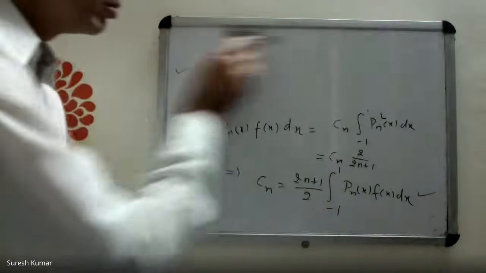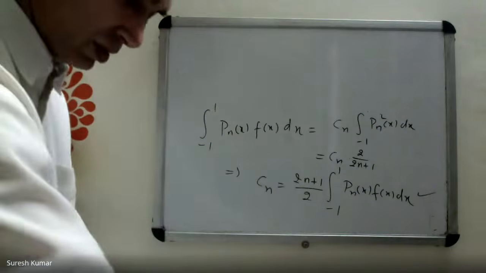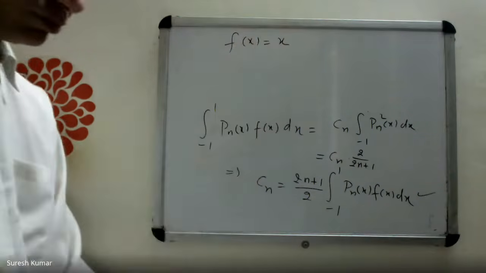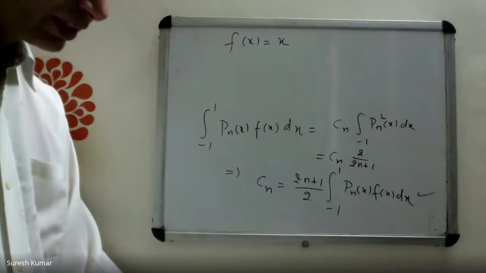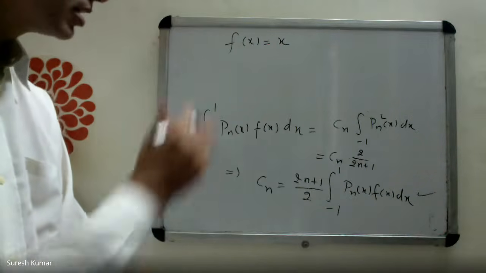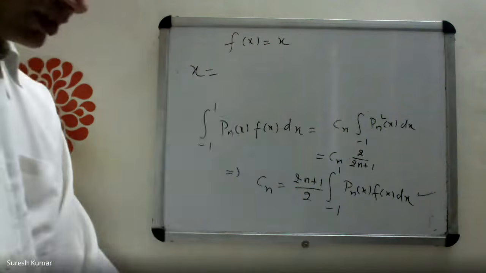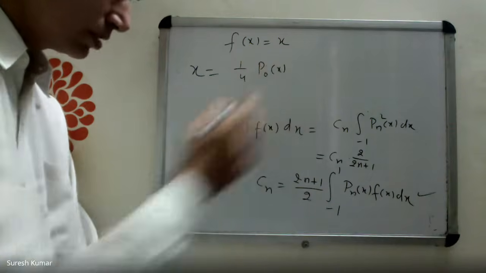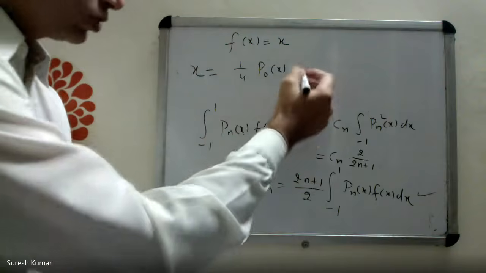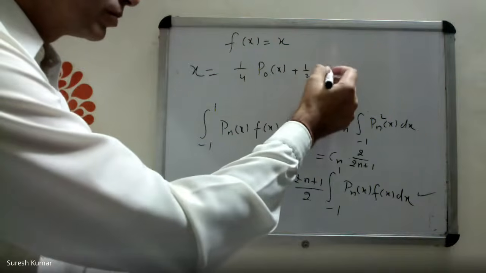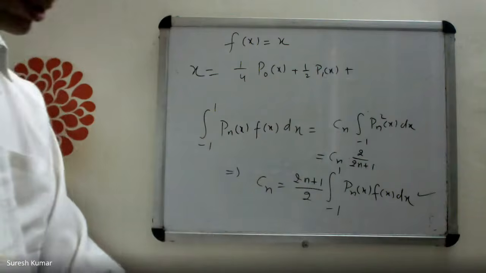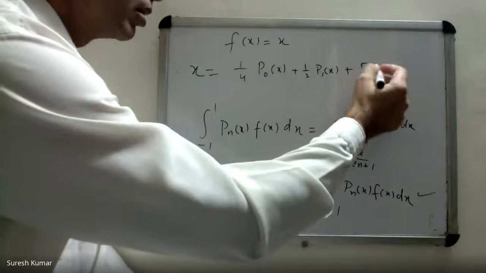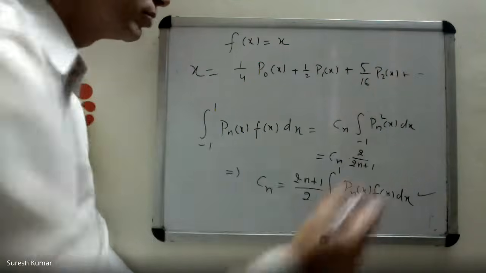Let's see one problem very quickly. If fx is x, I will not solve it, I'm just writing it here. If fx is x, then its Legendre series, which you have to verify, is 1 by 4 p0x plus 1 by 2 p1x plus 5 by 16 p2x and so on, using this formula.